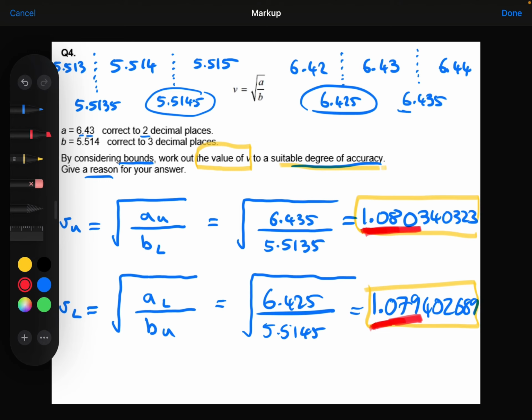So we can say as our answer that v equals 1.08 to 2 decimal places. And the reason?